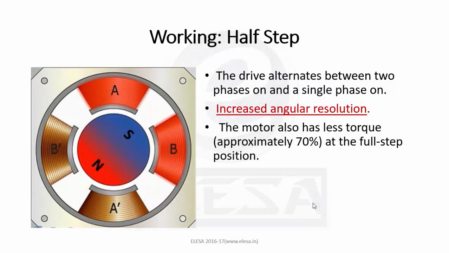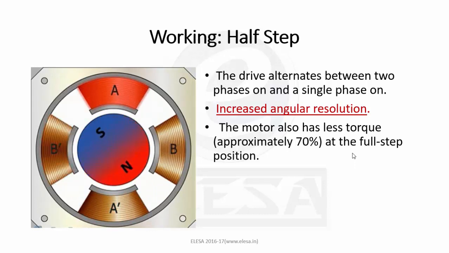Half step is a combination of wave step and full step. In this, one coil is activated at a time and then 2 coils are activated. So it is just an addition of wave step and full step. This increases the angular resolution.